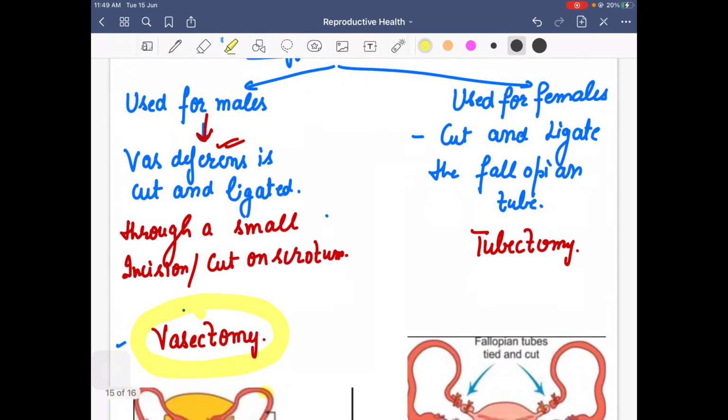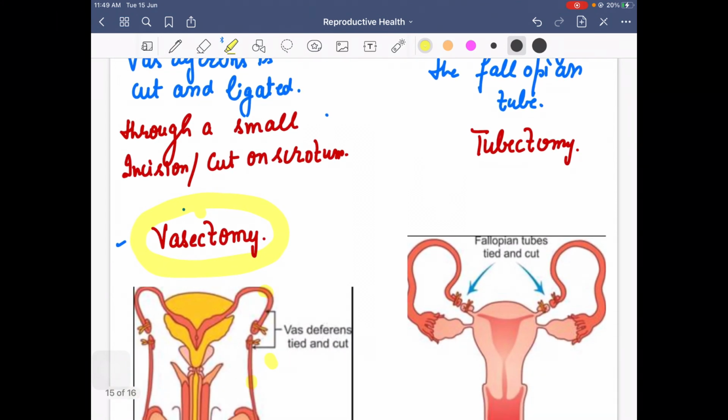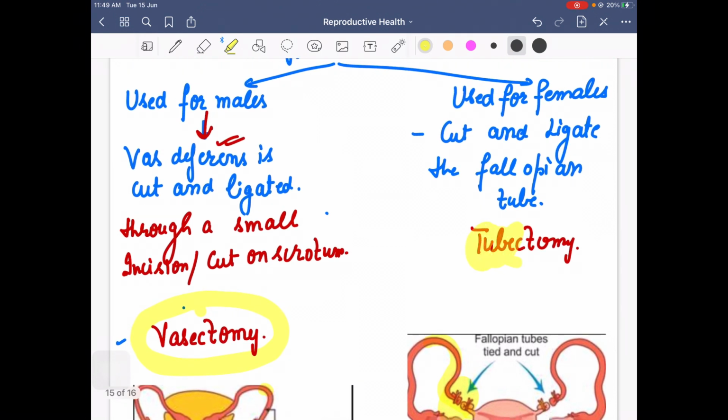In females, since vas deferens is not present, they have the fallopian tube. So this fallopian tube is cut and tied at different places, and this procedure is known as tubectomy.